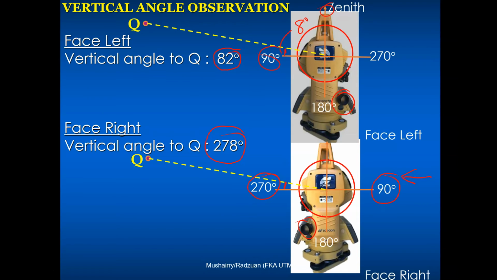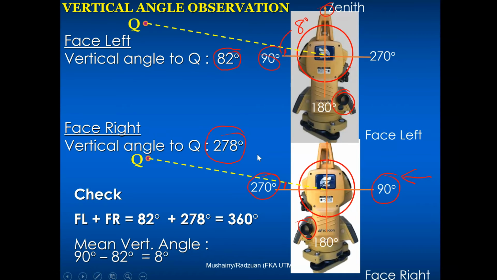So how do we check? We take the sum. Unlike the horizontal, where we took the difference, in this case we take the sum, and it should be close to 360, and the angle that we require is 8 degrees.